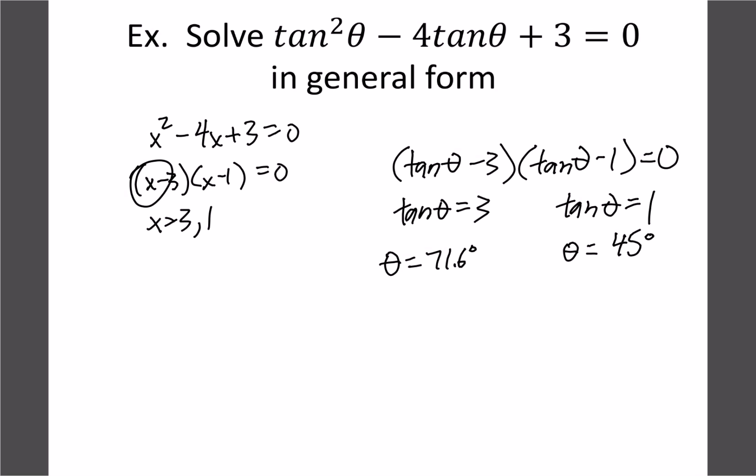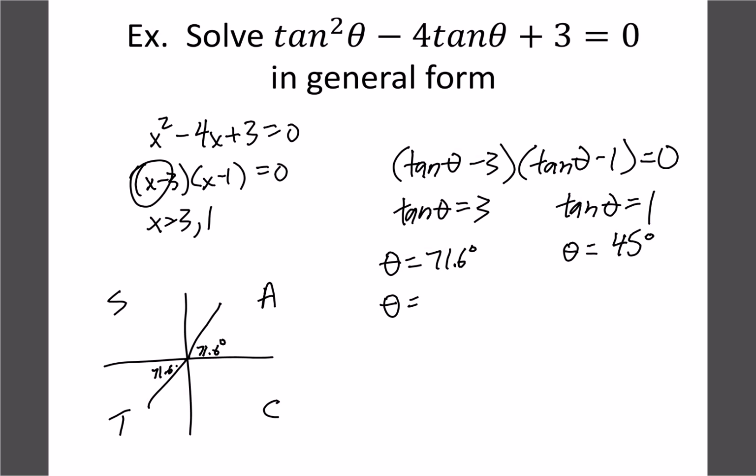Okay, so we got our two solutions, but remember for any of these, you're going to get 2 per answer. So our 71.6 degrees would be there, and using our CAST rule, the other location where tan would be positive would be in quadrant 3. So our second angle should be 180 plus 71.6, so that would be 251.6 degrees.